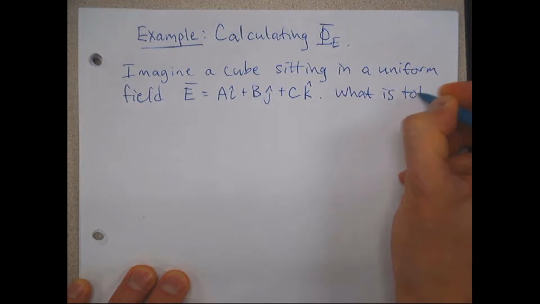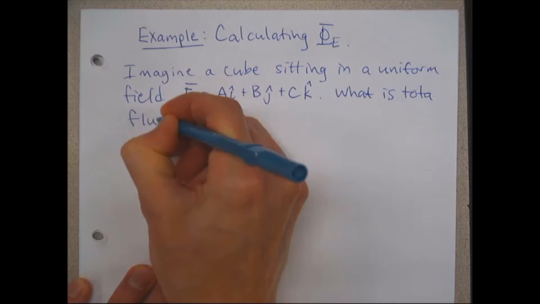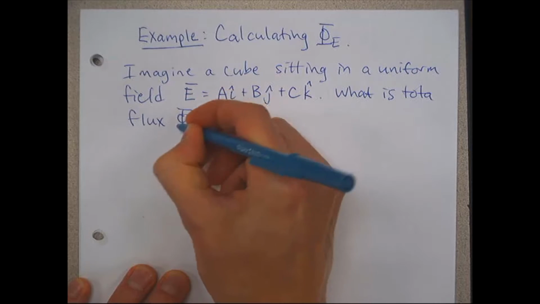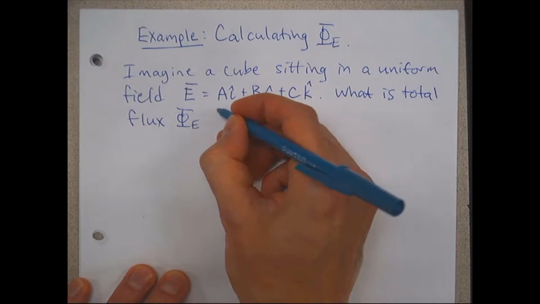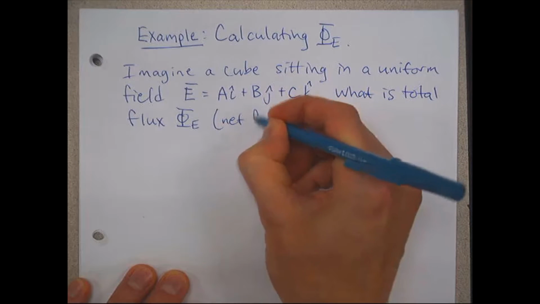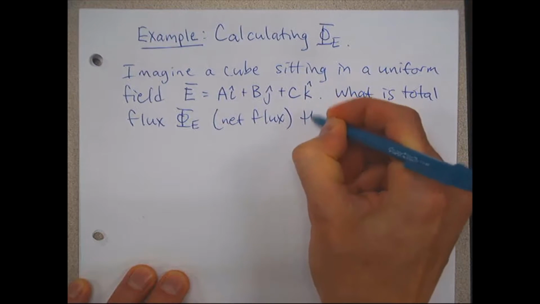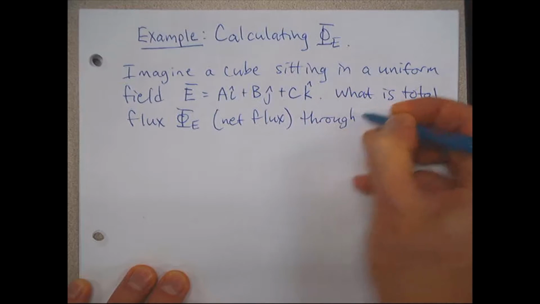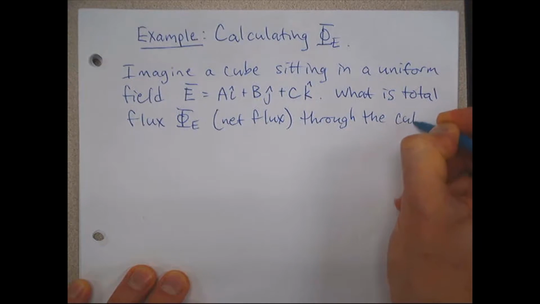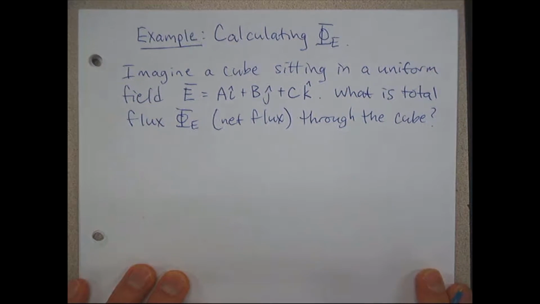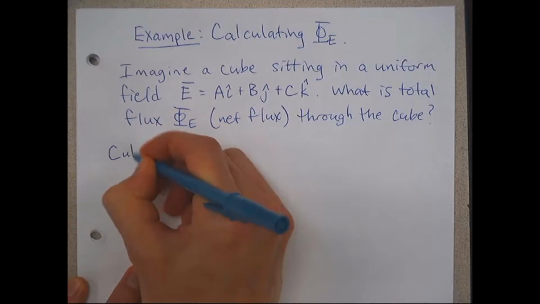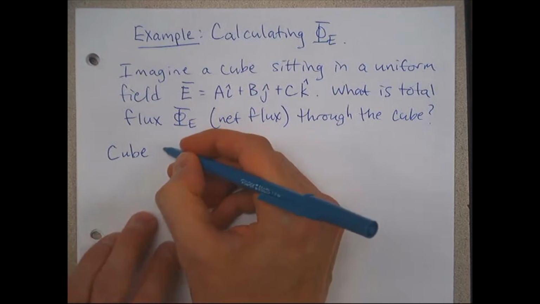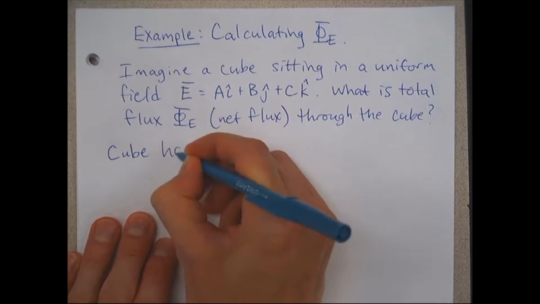What is the total flux, or net flux, through the cube? Well, that cube has 6 sides or faces.